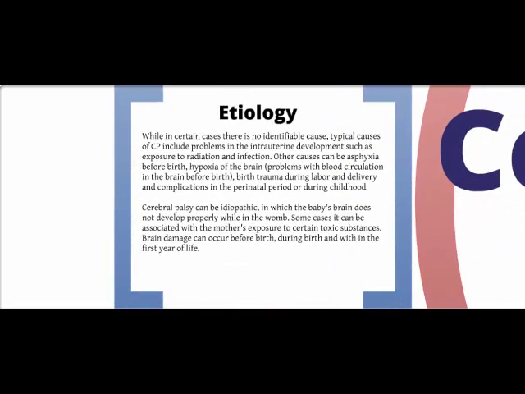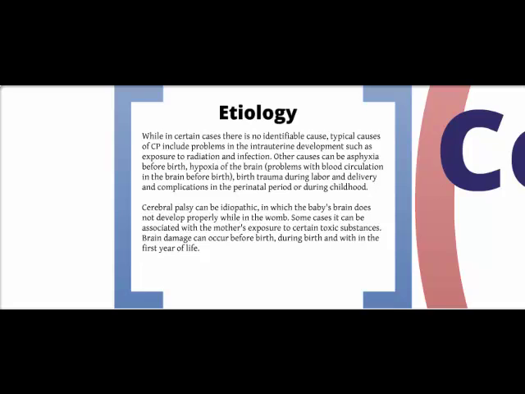The etiology of cerebral palsy can be due to various things. There are unidentifiable causes. Typical causes of cerebral palsy include problems in intrauterine development, such as exposure to radiation and infection. Other causes can be asphyxia before birth, hypoxia of the brain, problems with blood circulation in the brain before birth, birth trauma during labor and delivery, and complications in the perinatal period during childhood.